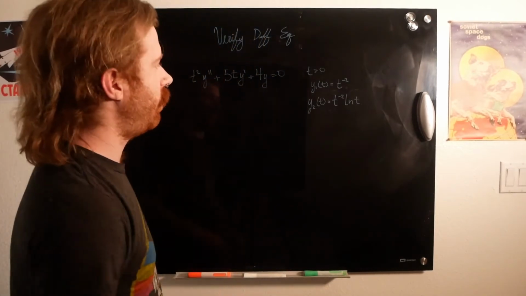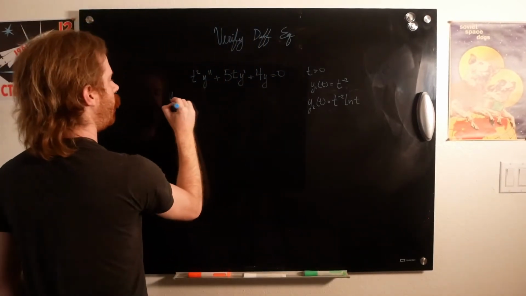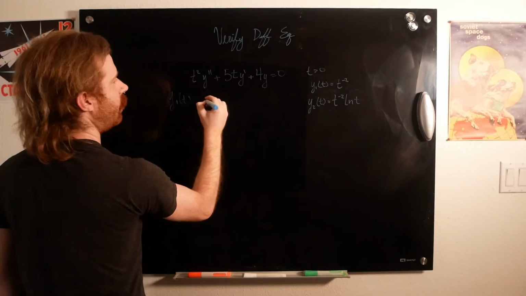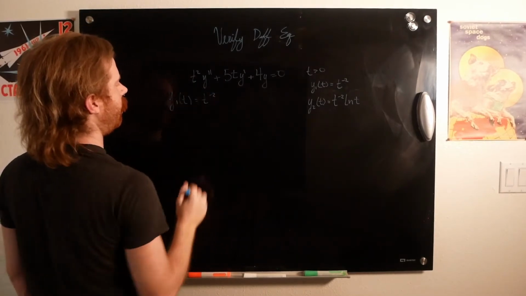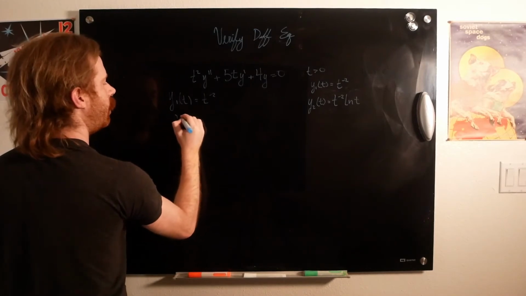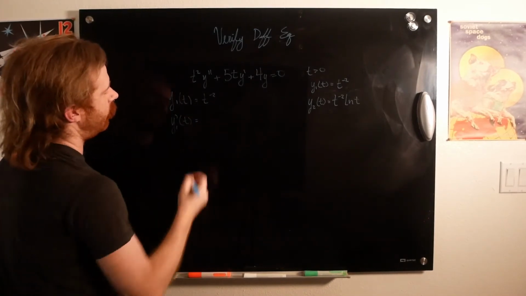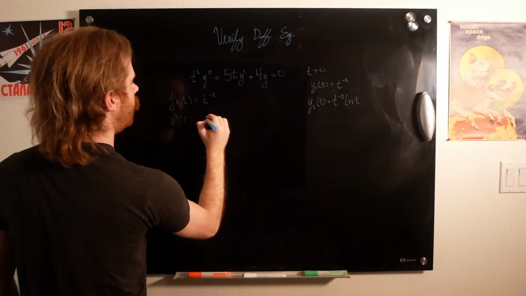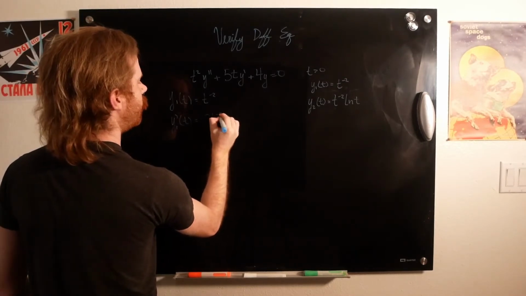So we're going to test y1 first. So y1 of t equals t to the negative second power. So how are we going to take the derivative of that? y1 prime of t equals, well, the negative 2 comes down, and you subtract 1 from the exponent.